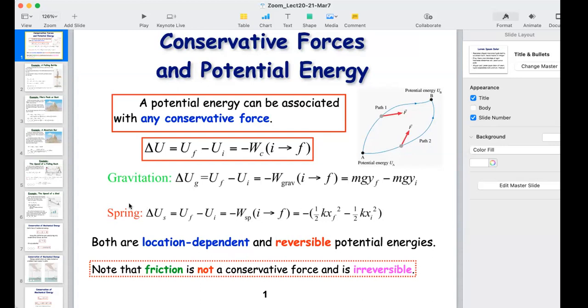We also have the potential energy for the spring, which is 1/2 k x final squared minus 1/2 k x initial squared, where again x final and x initial are the positions of the spring.